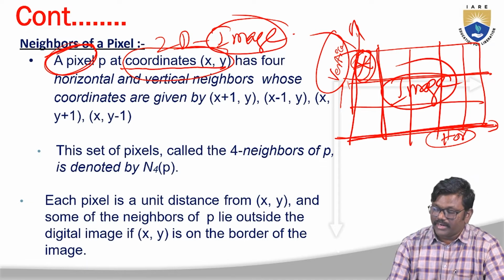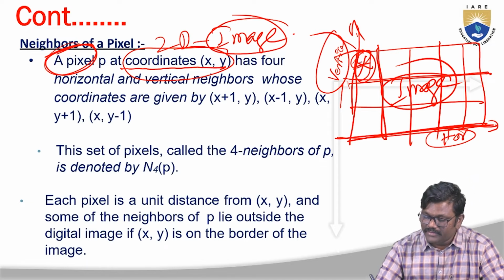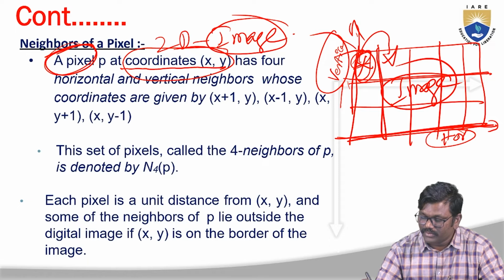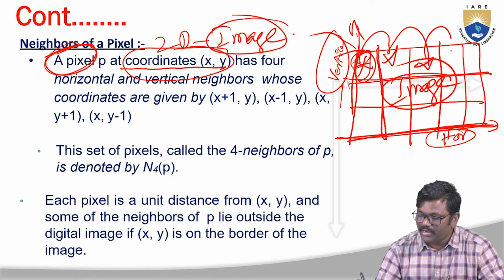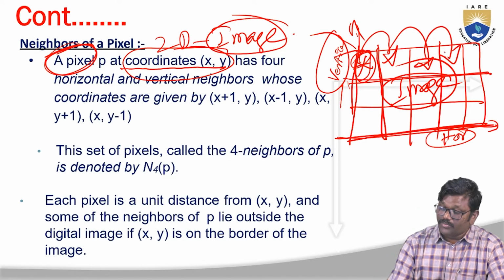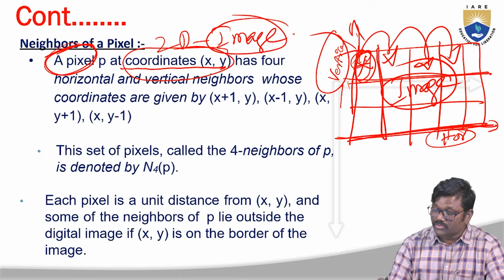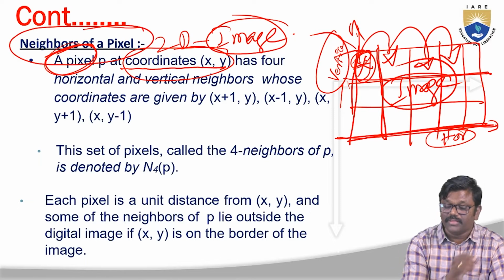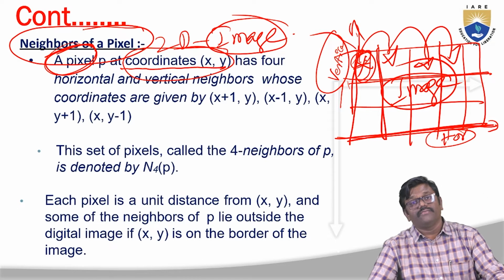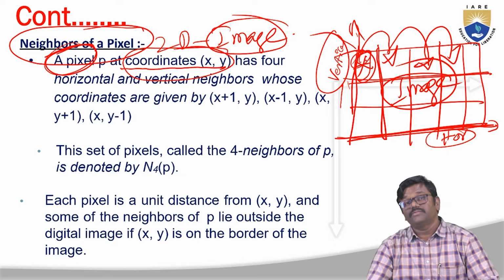Once you understood this, from this value to this value, this value to this value, the relationship of one pixel with another pixel, we call that neighbors of a pixel.